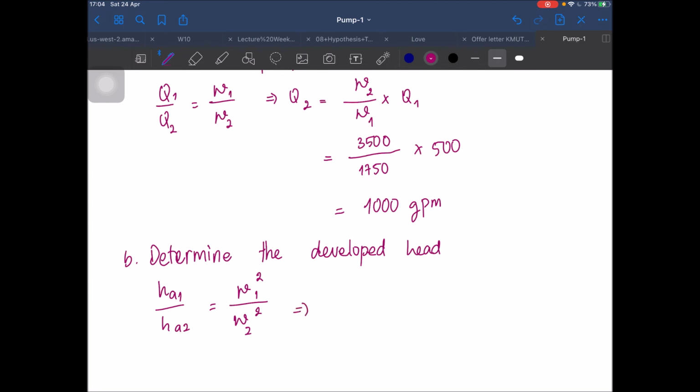Okay, so now we rearrange this one. We want this one, so put this one up here. So now we have HA2 equals omega 1 squared multiplied by HA1.